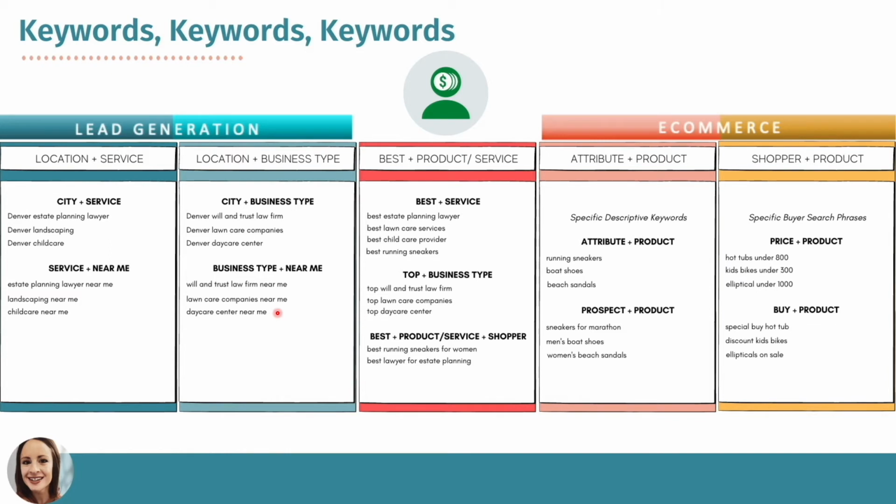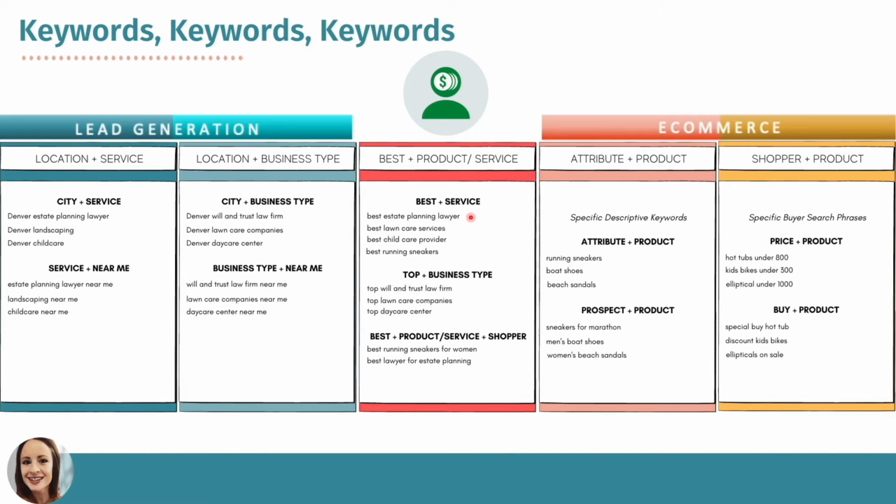And then best. Best is definitely its own unique category. So right now, this would be ad group 1, ad group 2, ad group 3, ad group 4. Here, we would do best and service. So best estate planning lawyer. People want someone that's good for services, right? Maybe you did a search for digital marketing agency for your business. You might do best digital marketing agency, and you would have a variety populate.